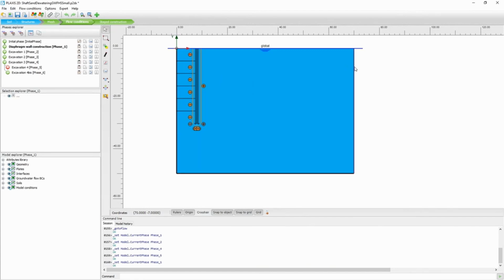Here, far away, I am defining seepage, so it will be open to that water level, which means this boundary will remain at that water level. This one will remain unchanged. And then for all excavations, as you could see, repetitively, I will always use the same technique. I will dry the cluster, and I will apply a new boundary condition where I place the water level at -5.